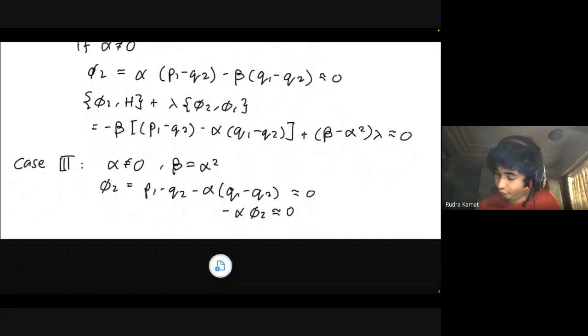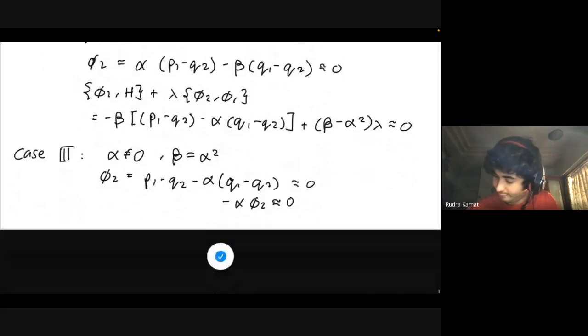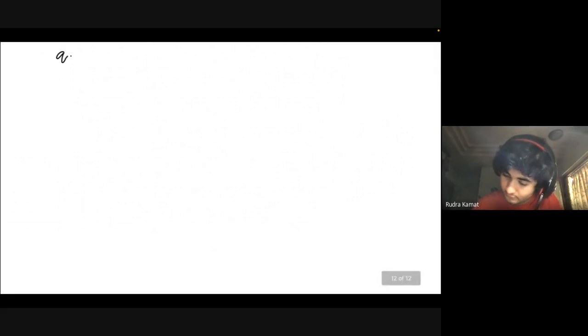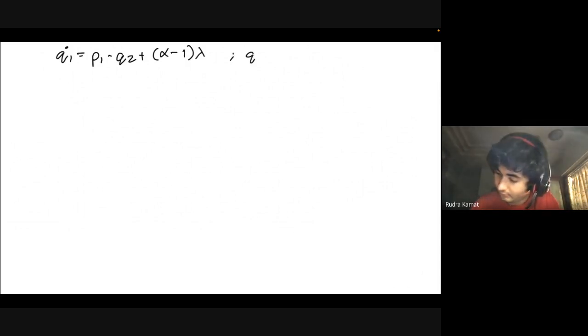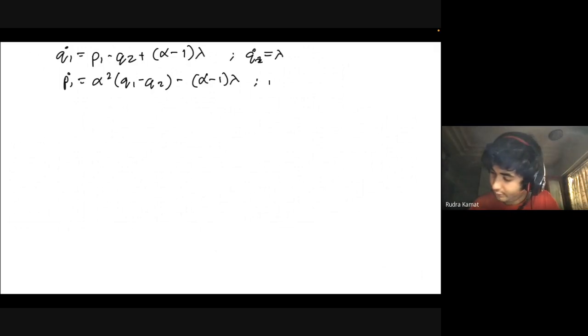And the equations of motion then are: q1 dot is p1 minus q2 plus (alpha minus 1) lambda. q2 dot is lambda. p1 dot is alpha squared (q1 minus q2) minus (alpha minus 1) lambda. p2 dot becomes p1 minus q2 minus alpha squared (q1 minus q2).